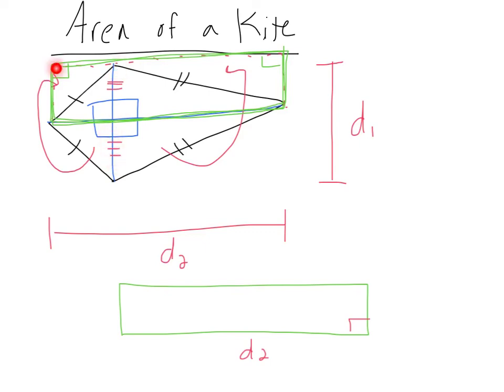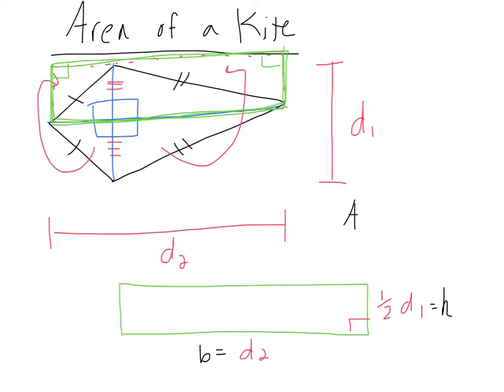We cut our diagonal 1 in half to form this rectangle. So diagonal 1 was only half as big. The area of a rectangle is base times height. What's your base in this case? Your base is D2. What's your height? Perpendicular is going to be 1/2 D1.